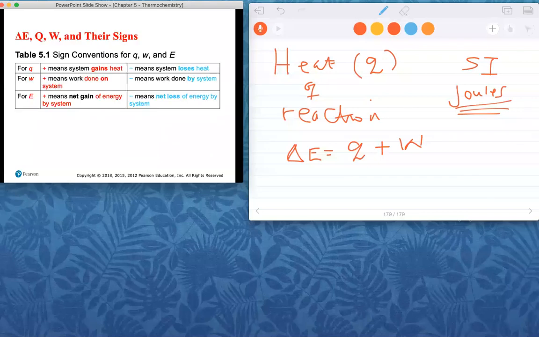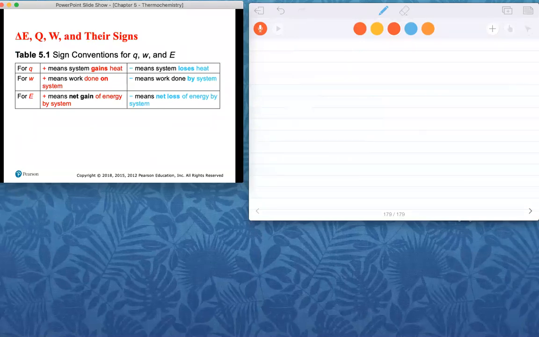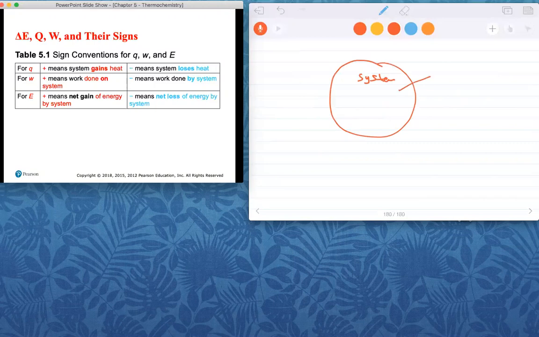The sign convention here, with respect to the diagram: remember, this is where we have the system. Look at my whiteboard. If heat is being gained by the system, that means it is positive Q. If it is being lost, that means it is being taken away.